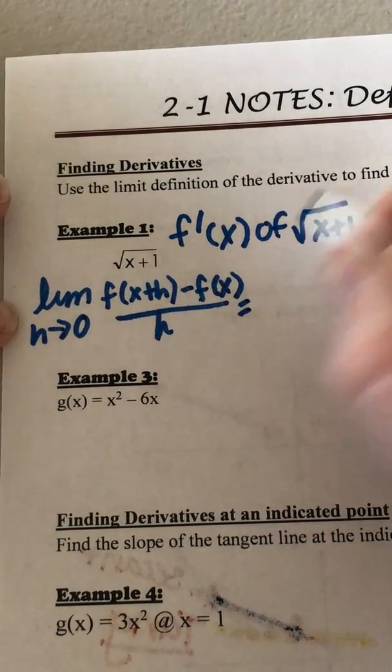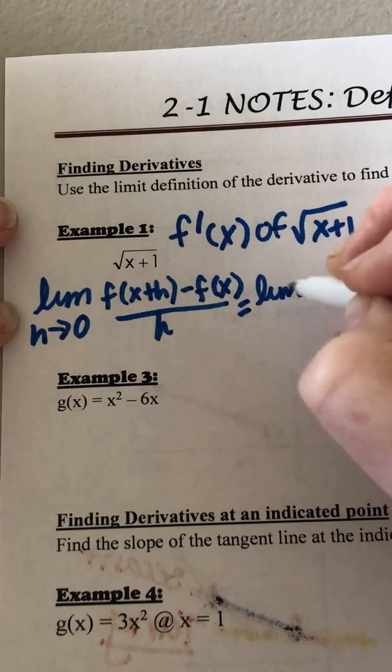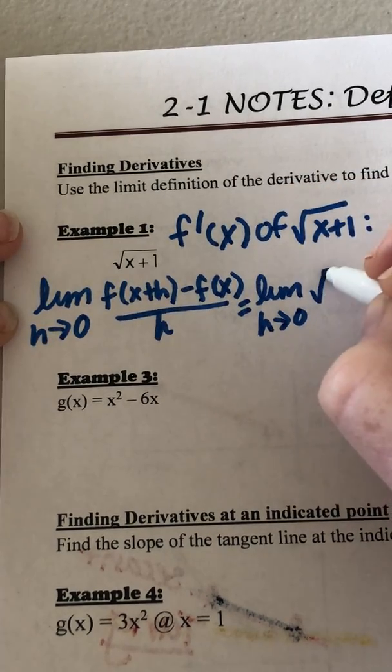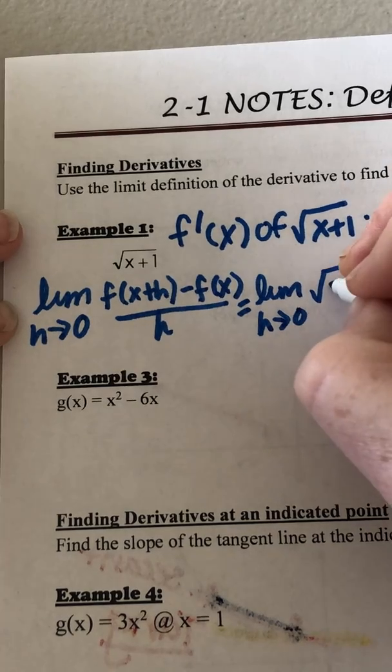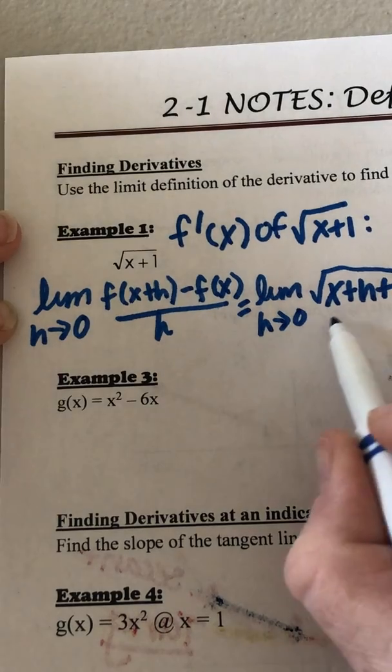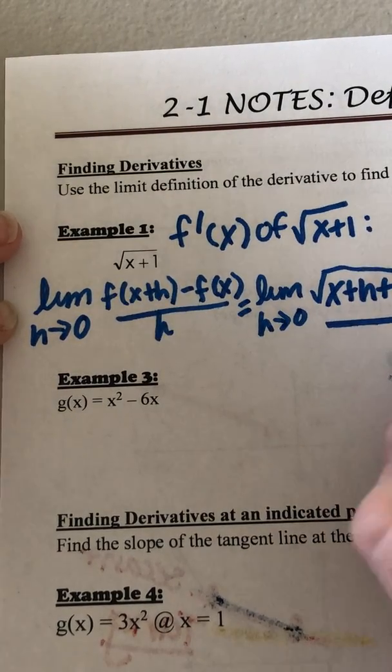So this would equal the limit as h approaches 0 of the square root of x plus h plus 1 minus the square root of x plus 1 all over h.